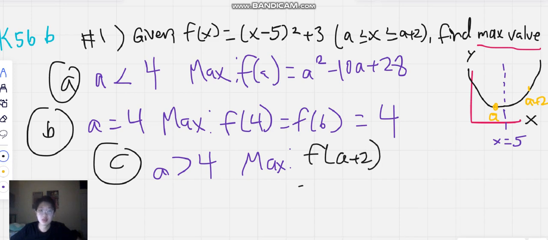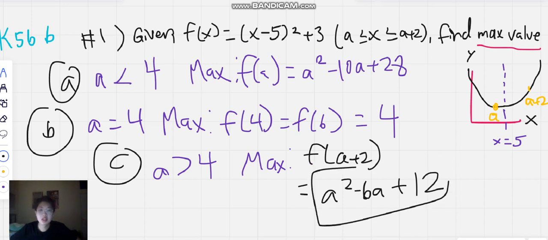And to save some time, if you want to refer back to what I did at the start when we were solving for what values of a made the two ends of the interval equal, this would be equal to a squared minus 6a plus 12. And this kind of makes sense because think about if a was 4.5.